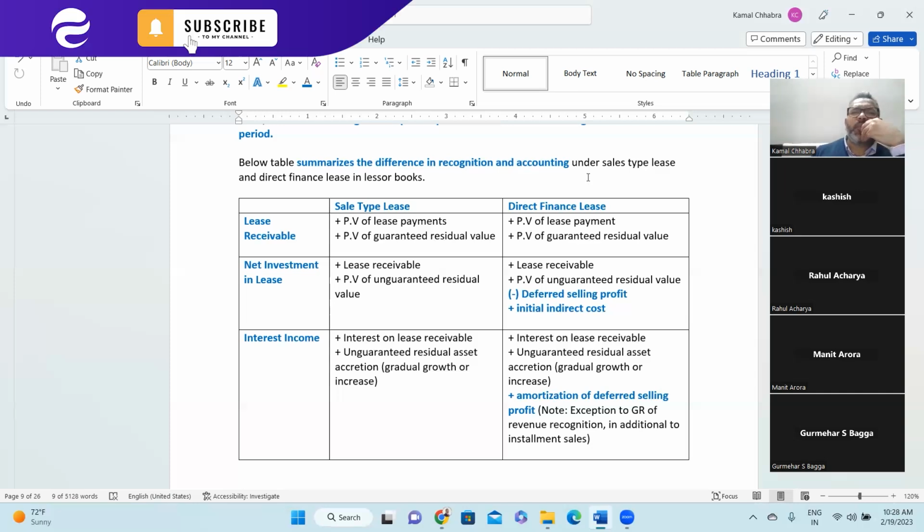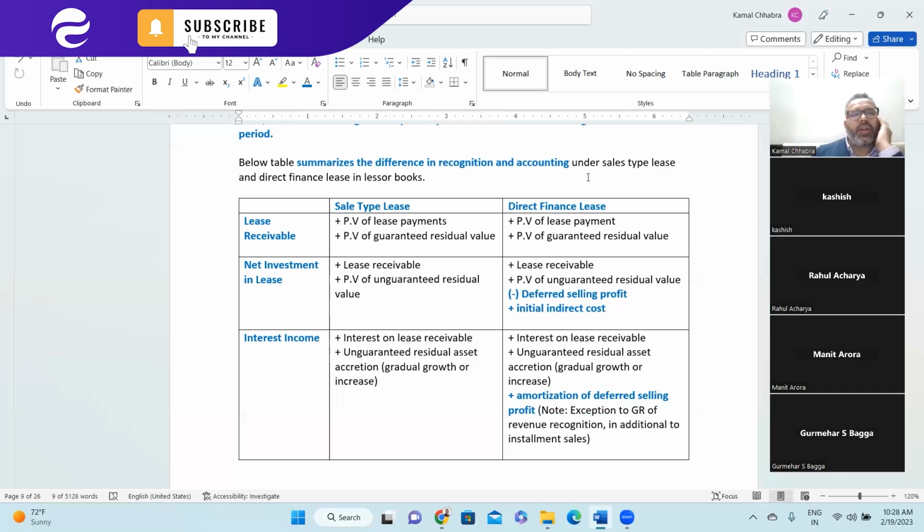Let's assume you are a car leasing company and you have purchased a car to provide on lease, when the new car is being launched. At that initial point of time, let's assume the market value of the car is $50,000.